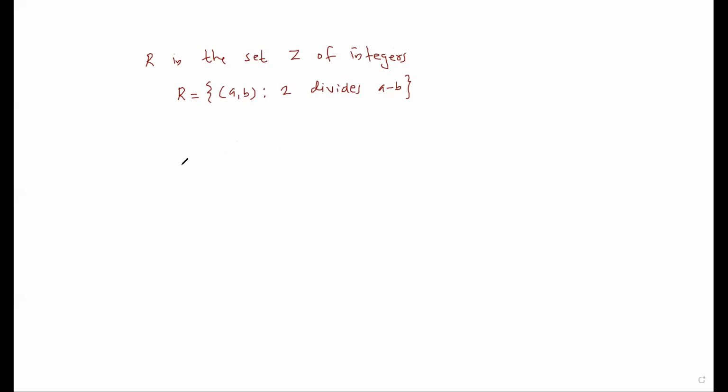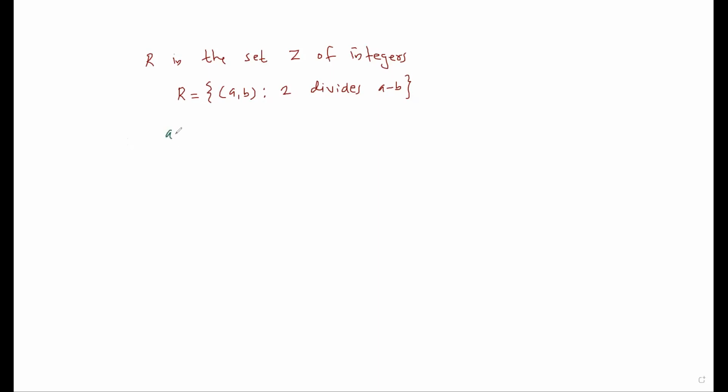So for an equivalence relation, first of all the relation should be reflexive, then symmetric and transitive. First, reflexive. To prove reflexive, we have to prove that every element is related to that element itself.